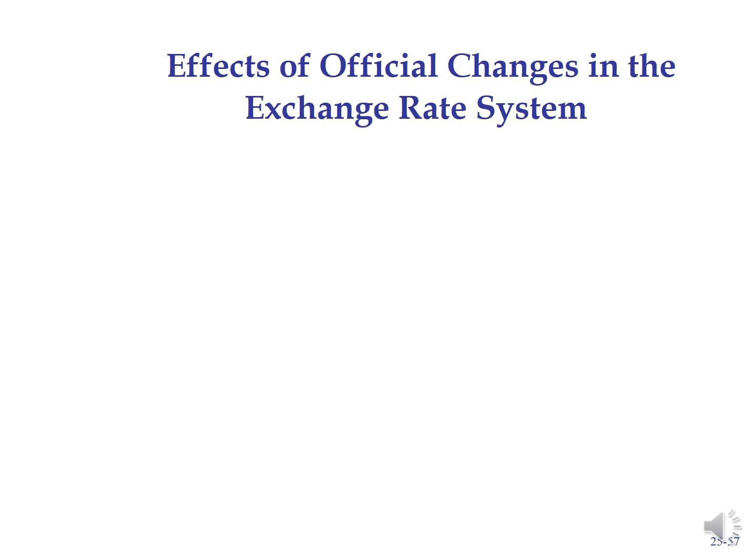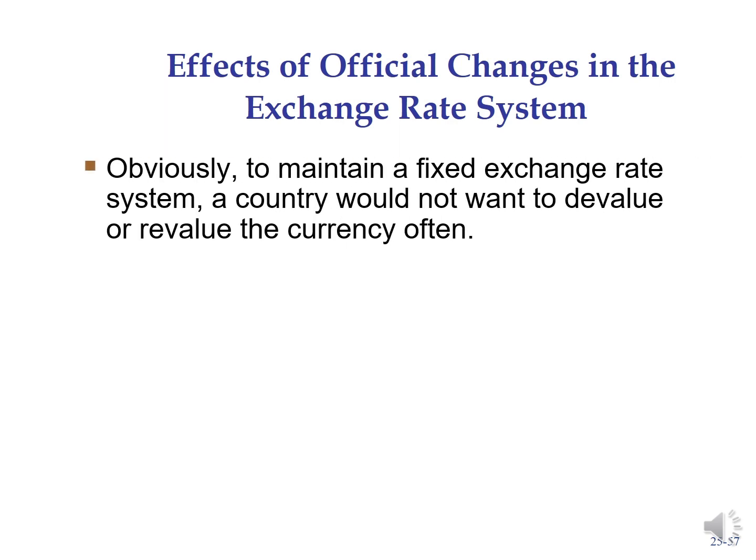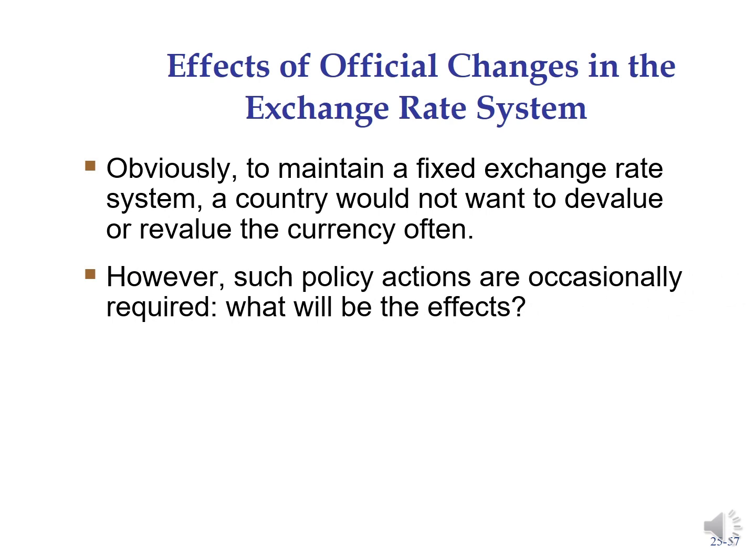Official changes in the exchange rate system. Obviously, to maintain a fixed exchange rate system, a country would not want to devalue or revalue the currency often. However, such policy actions are occasionally required.